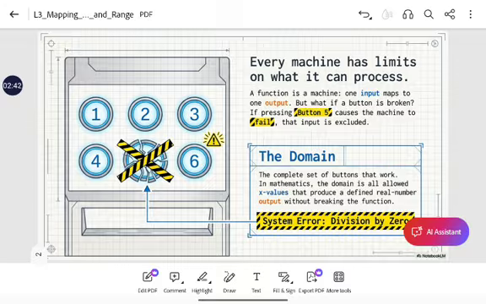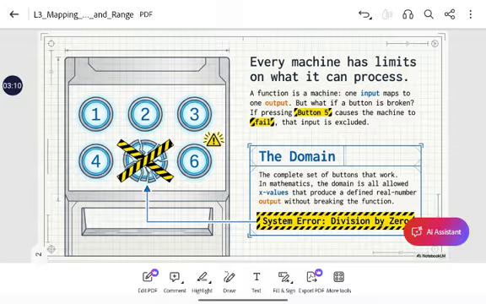Now, if there's an input which produces an element as an output which is not allowed to be part of that set, we can exclude that element.